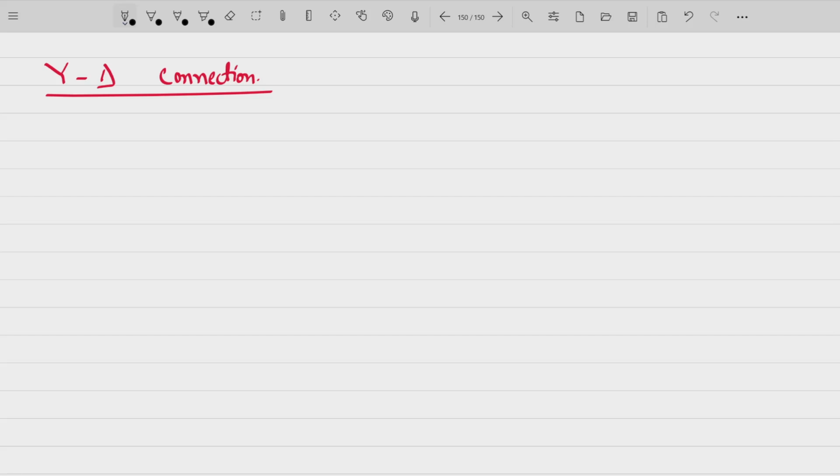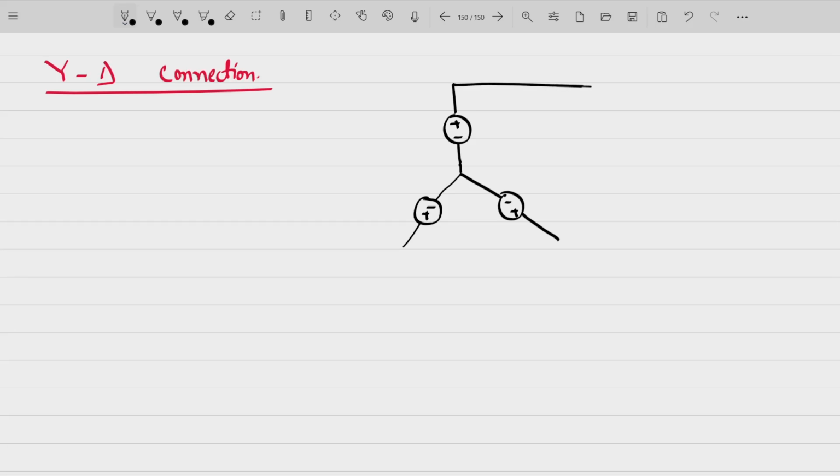So a star delta connection means we have a system where our three-phase source is connected in a star fashion, while our load is connected in a delta fashion.